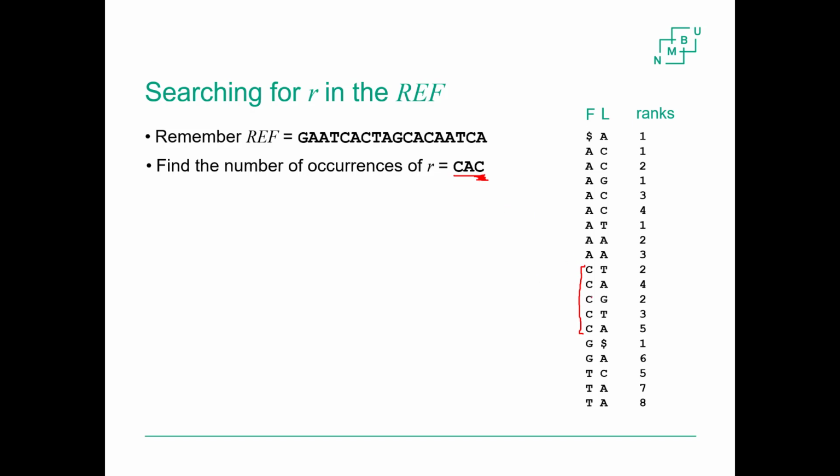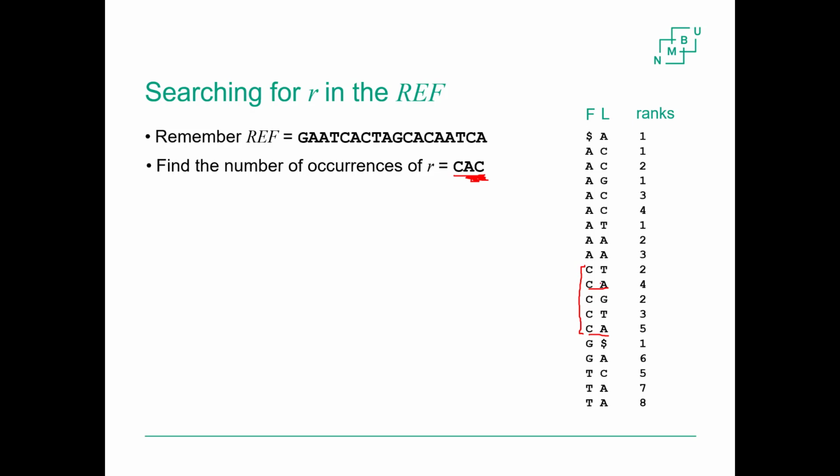And then we look at the preceding symbol, right? Now we look at the suffix of length 2, and we see that this one is preceded by an A. Okay, where do we see a C preceded by an A? Well, we see it here and here.